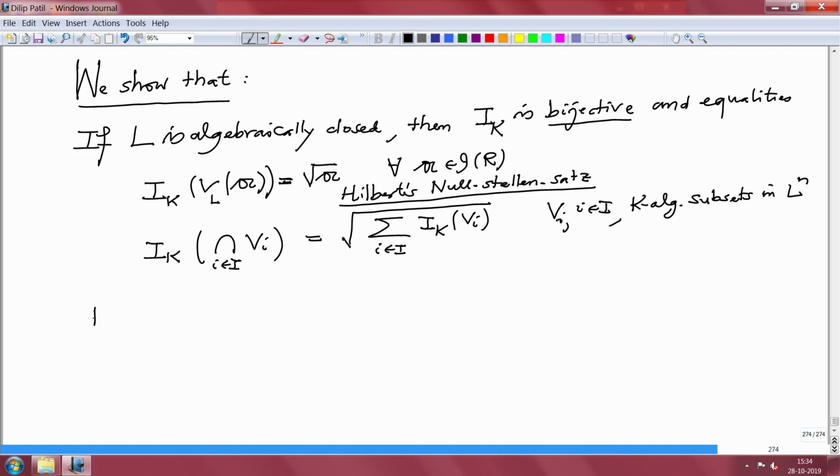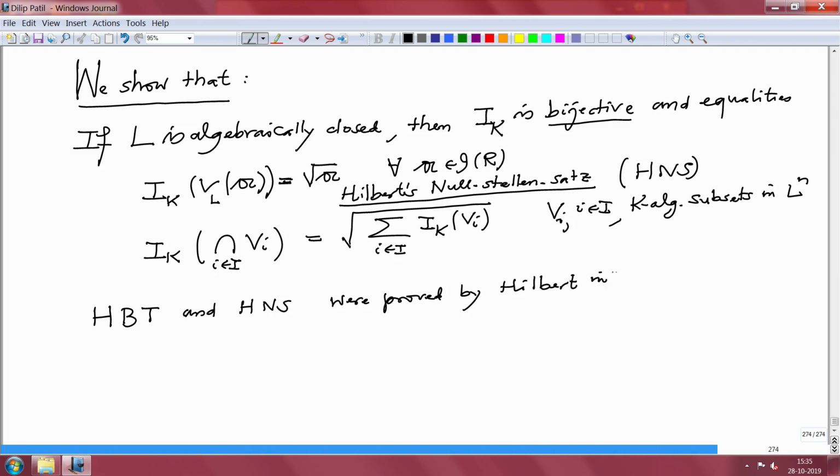So the Hilbert basis theorem, HBT, and this, which I will keep calling HNS, were proved by Hilbert in 1890 and 1893.